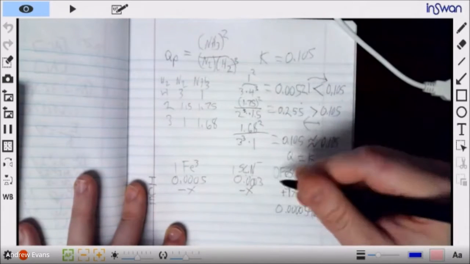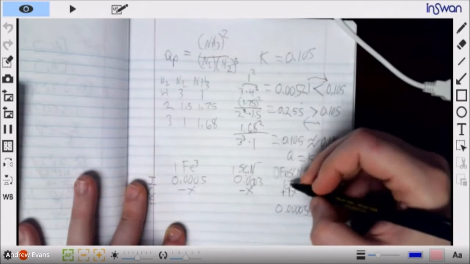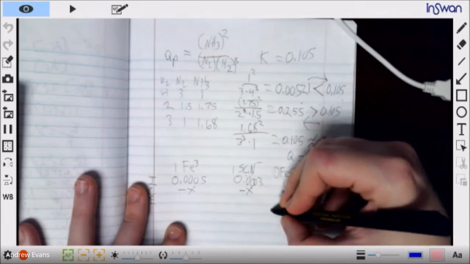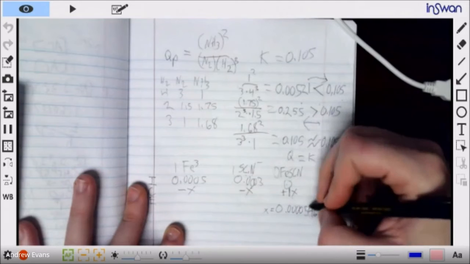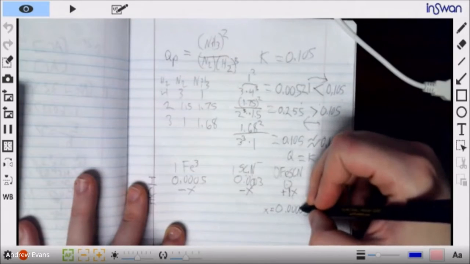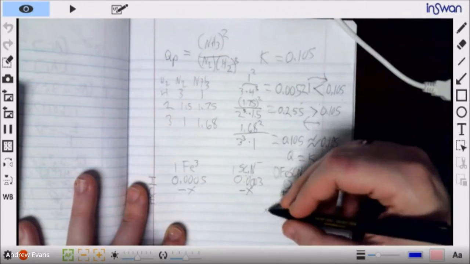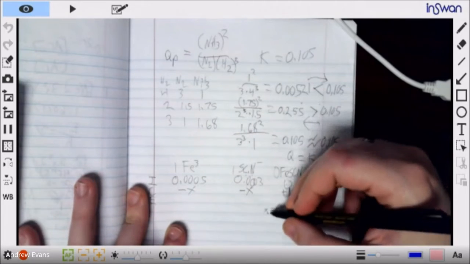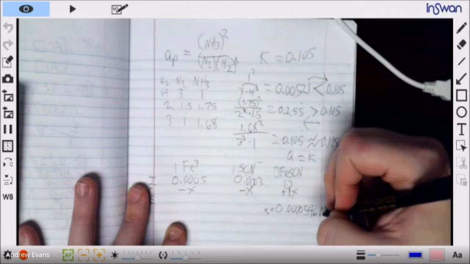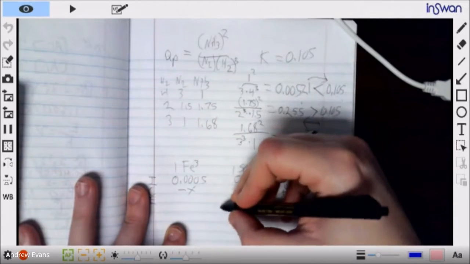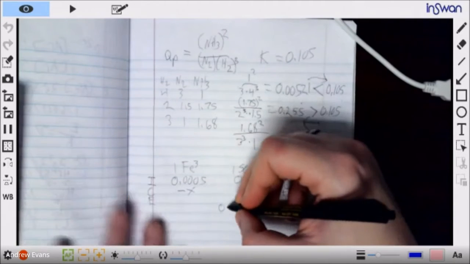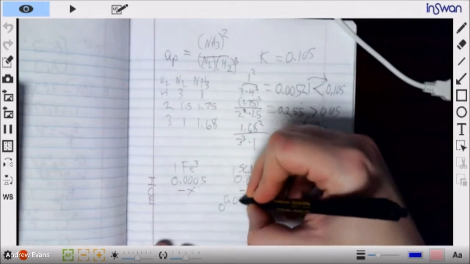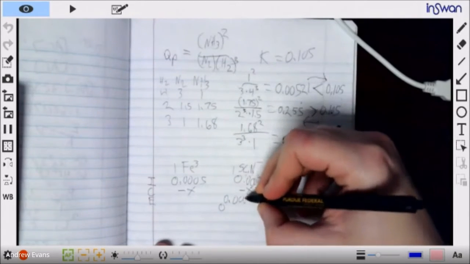Equilibrium is just the sum of the initial and the change. So at equilibrium, the concentration of iron thiocyanate is 0 plus x, which is just x. Right now we know our x. For thiocyanate, it would be 0.0003 minus x.